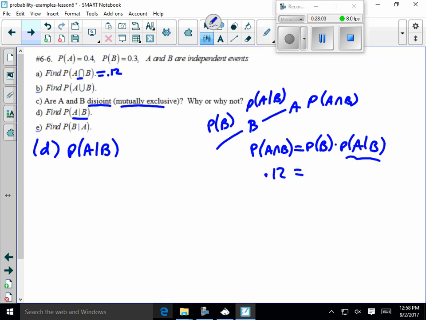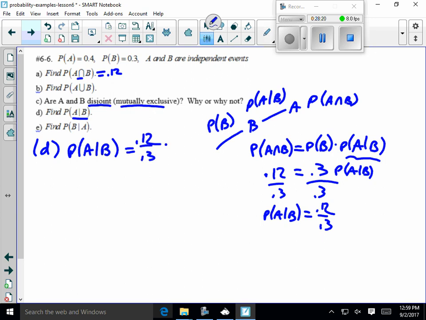We were told the probability of B is 0.3, and so if I solve this by dividing both sides by 0.3, then the probability of A given B would have to equal 0.12 over 0.3, which turns out to be 0.4. 40% chance. So one way would be to essentially use the AND formula, right?